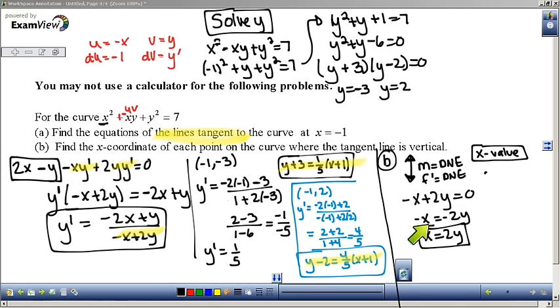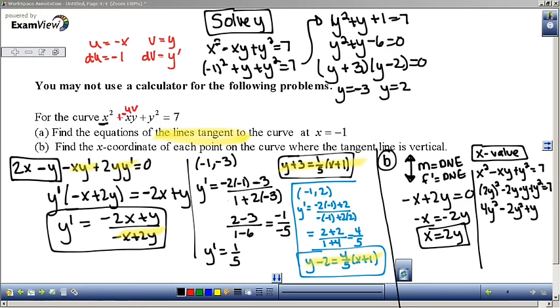So what I have to do is substitute this x back into my original equation. So everywhere I see an x, I'm going to substitute 2y. And I'm going to go ahead and solve for y. And I forgot my square here, it should be y squared.